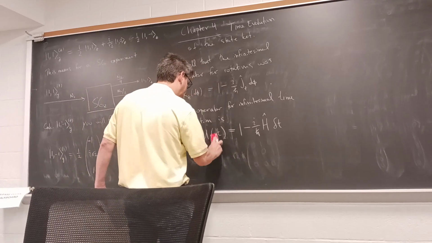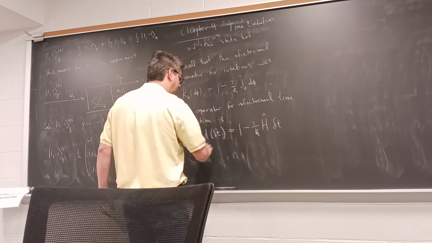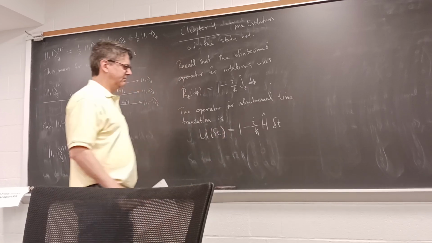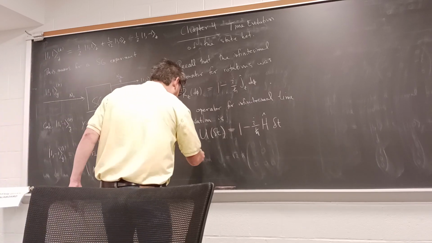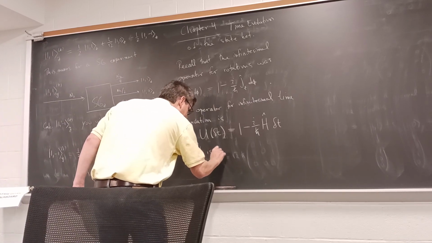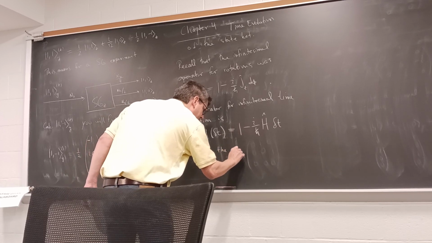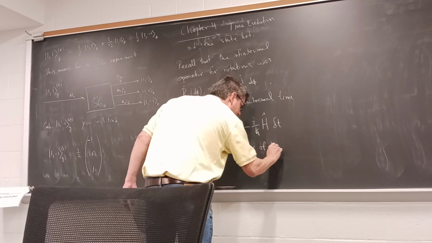Let's call it delta t. Delta t is small. Okay, so H is the generator of time translation.